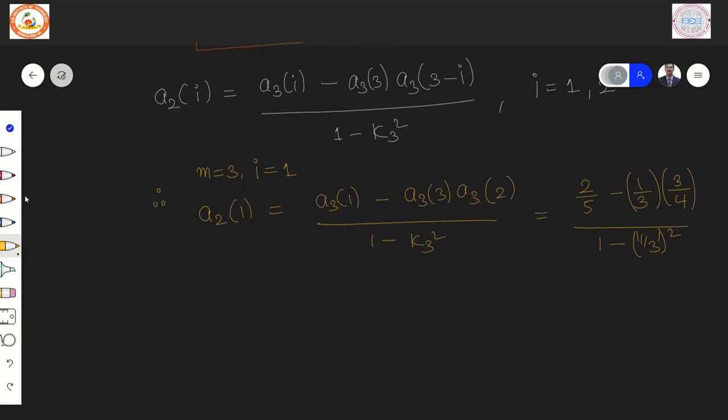We have to perform the simplification of this, and on simplifying you will get the value 8 minus 5. The common denominator here you can take is 20. Just a minute.